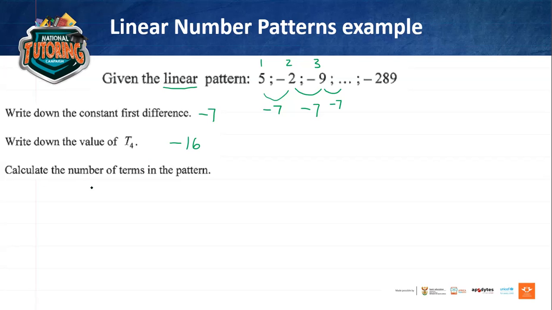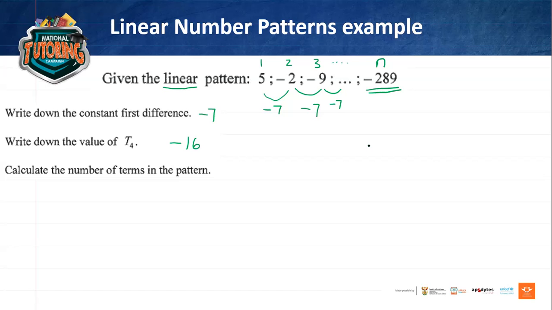Then it says calculate the number of terms in the pattern. It's a bit of a roundabout way of asking the question. But what we see in this number pattern is that it stops at -289. So they are asking, what is the position number that will give me -289?